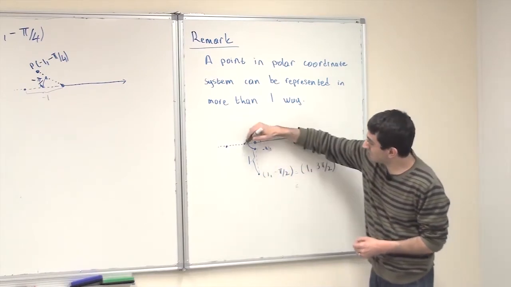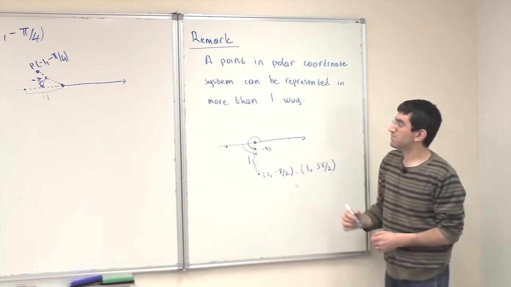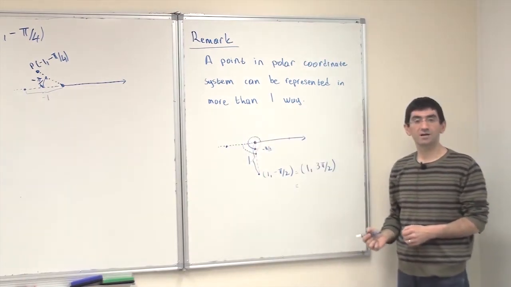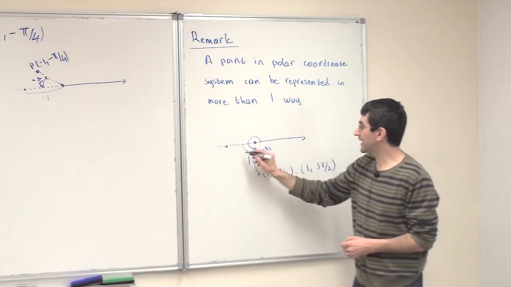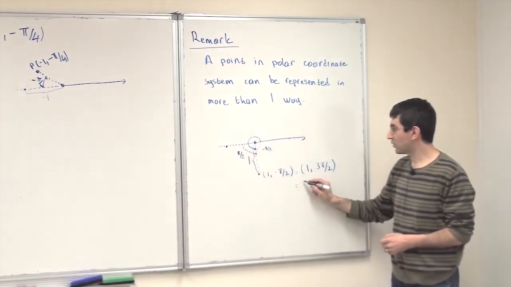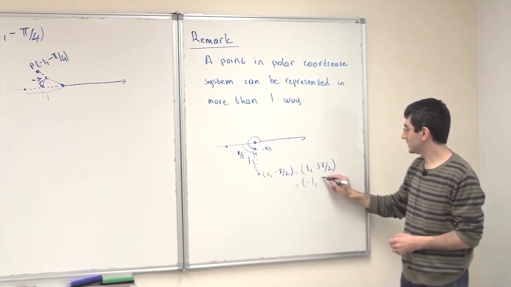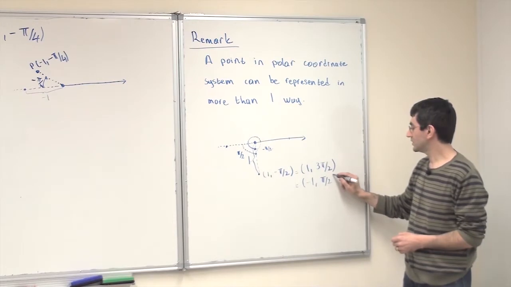For that, I need to make a rotation, again in the counterclockwise direction, by an angle of pi over 2. So this same point can also be expressed as negative 1, pi over 2.